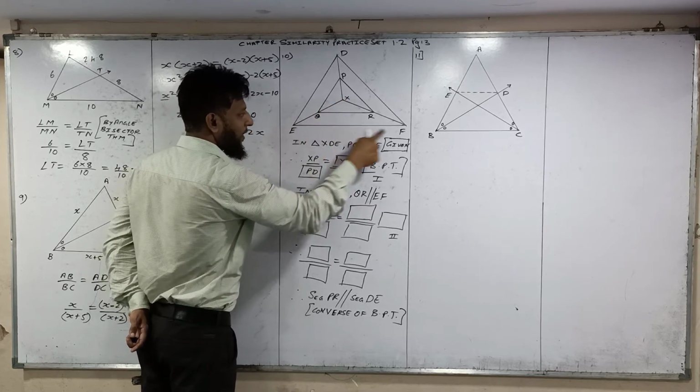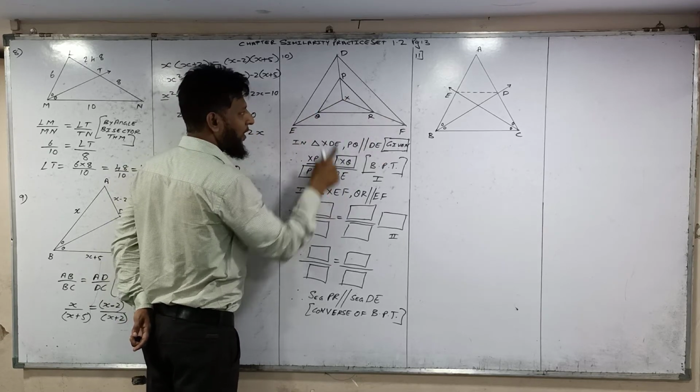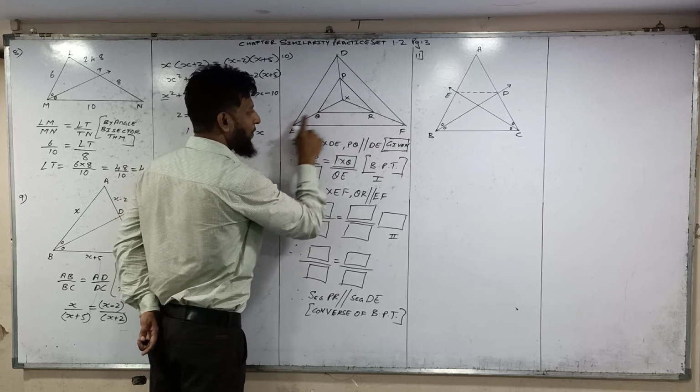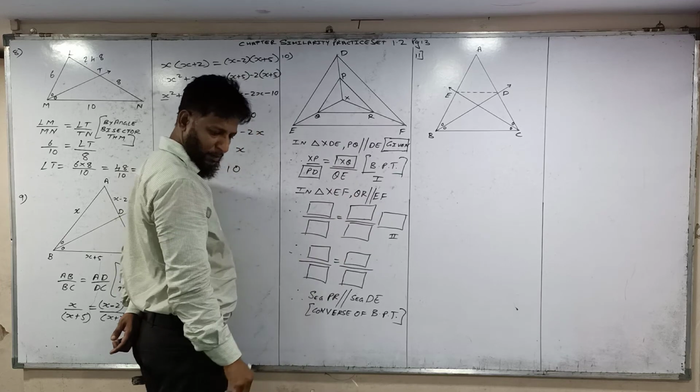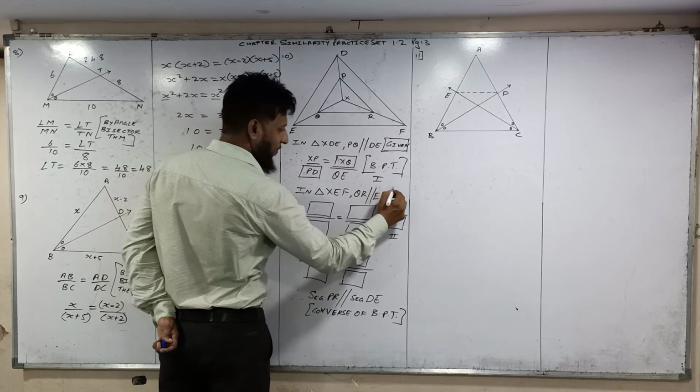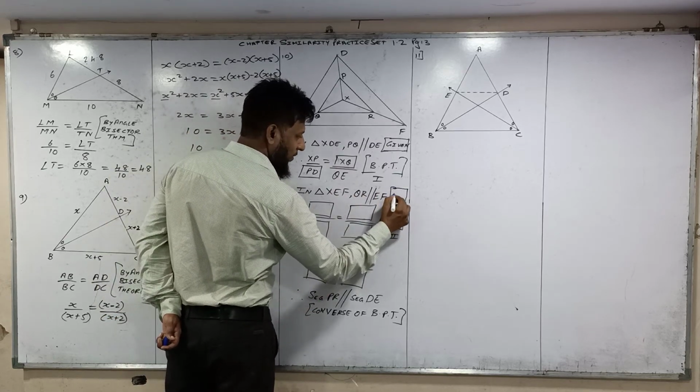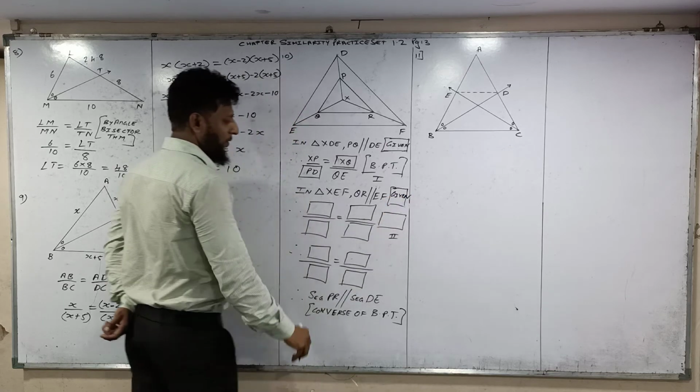Now take this triangle XEF. QR is parallel to EF, given. Write in the box, given.